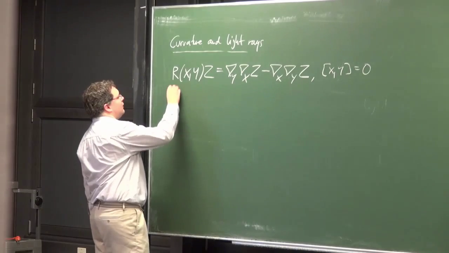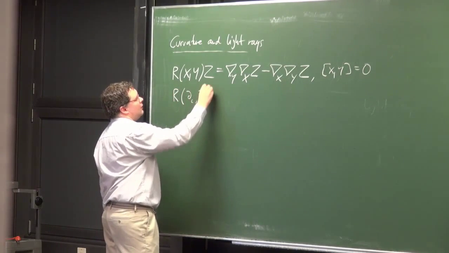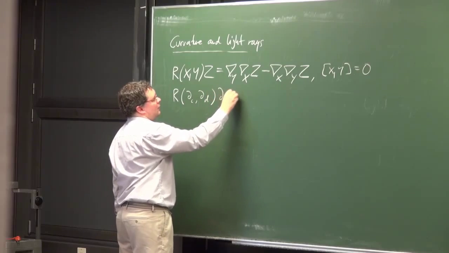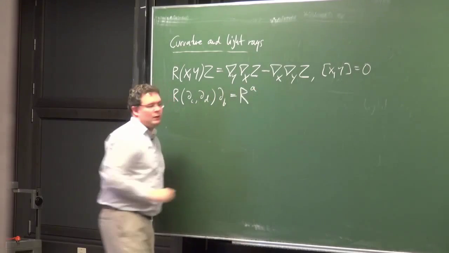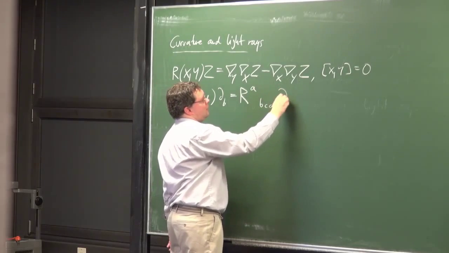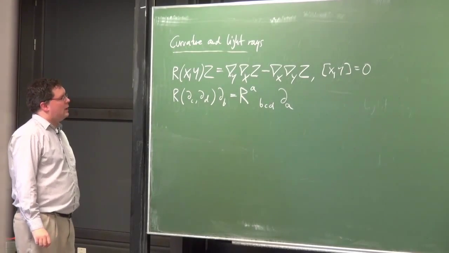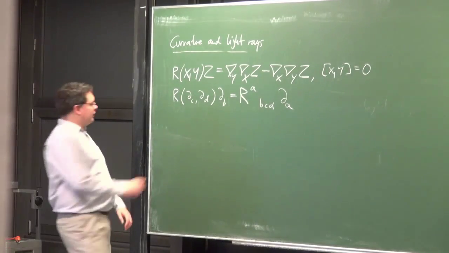Writing it in terms of a coordinate-induced basis, this is how I read off the components, R^A_{BCD}. Very straightforward. And now what's Gaussian curvature?